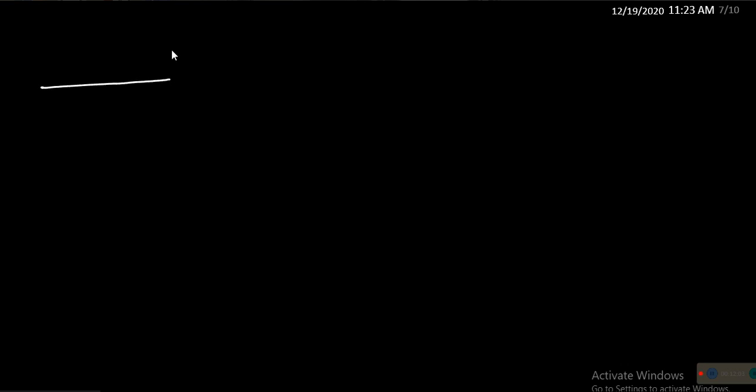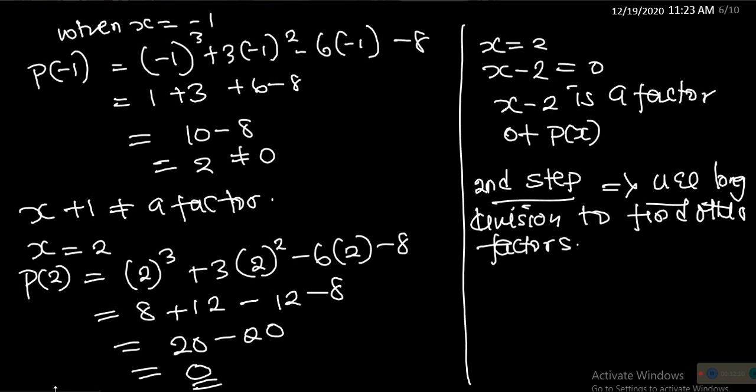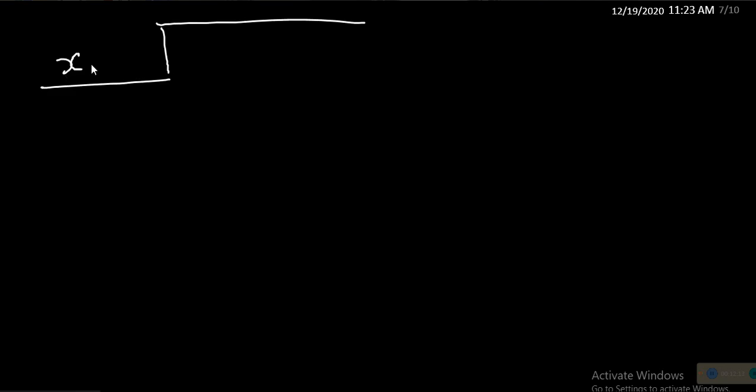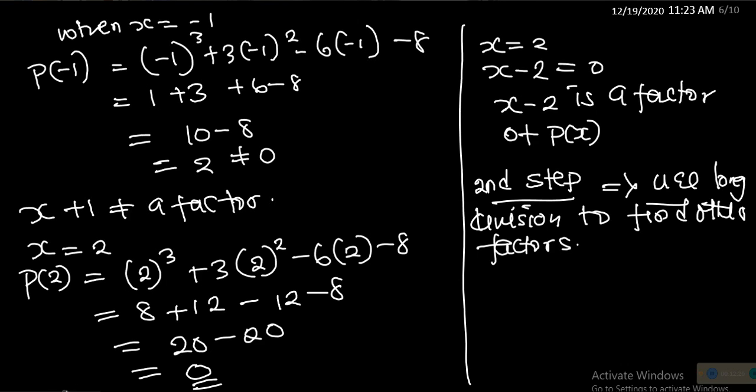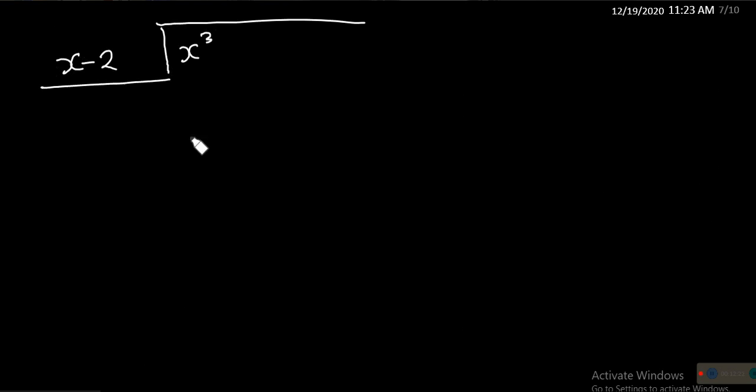So the divisor is x minus 2, and the polynomial is x cubed plus 3x squared minus 6x minus 8.